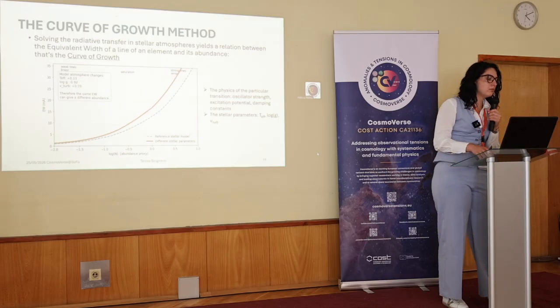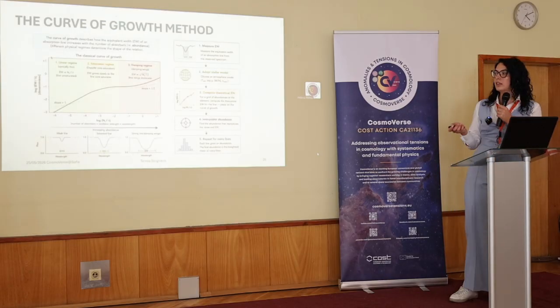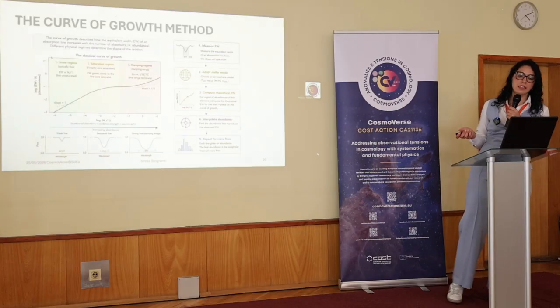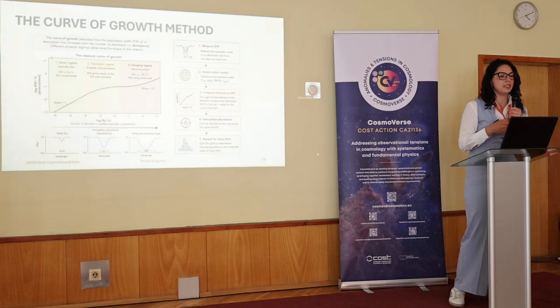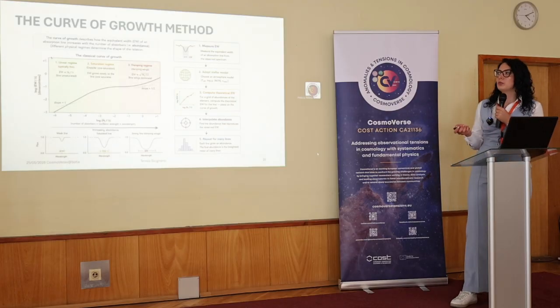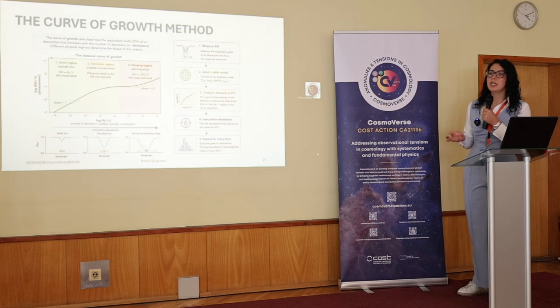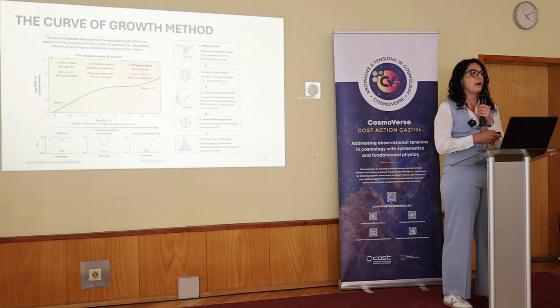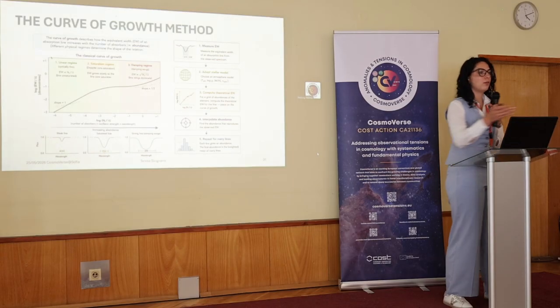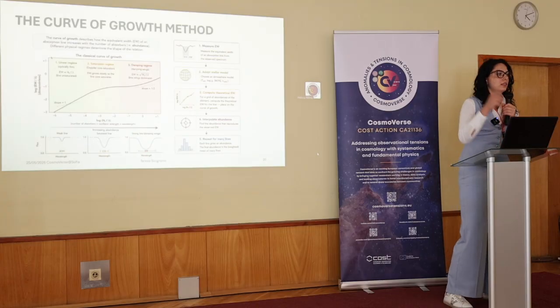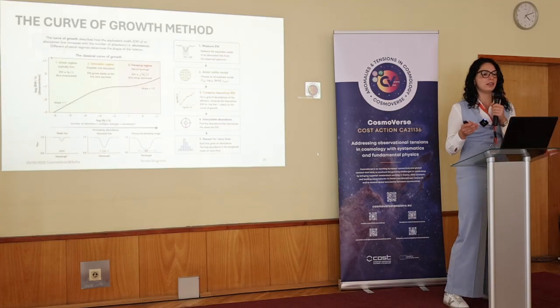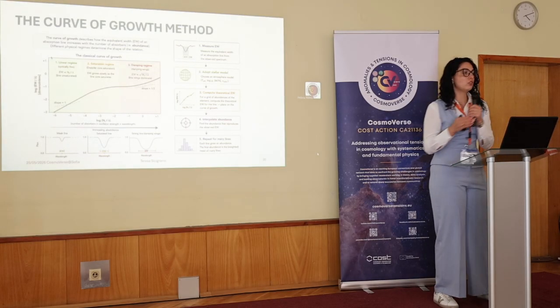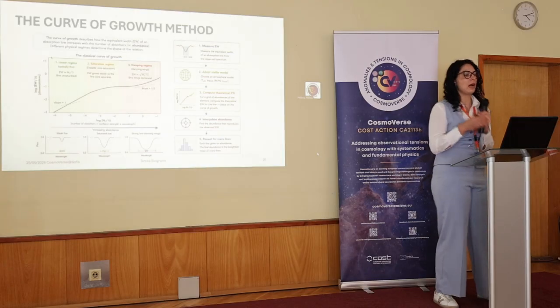Then, in particular, what we do, also here you can see that according to the shape of the line, this means that the line has been formed in a different regime. But indeed, what we do in this method is to measure in an iterative way the abundances that come from all the iron lines, and then we try to fix all the parameters, the effective temperature, the gravity, and the velocity, with some minimization, in order to have at the end that all the iron lines give us the same abundances.